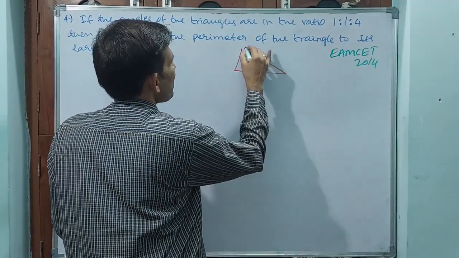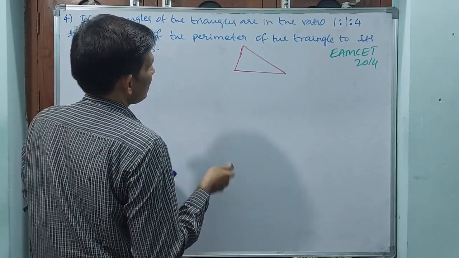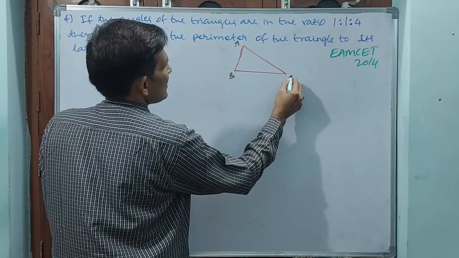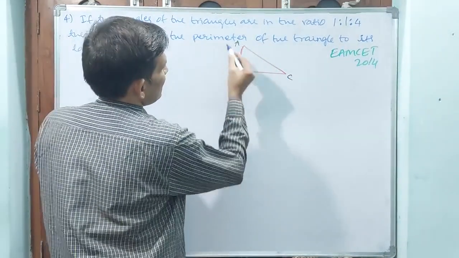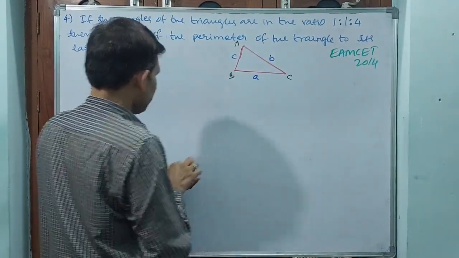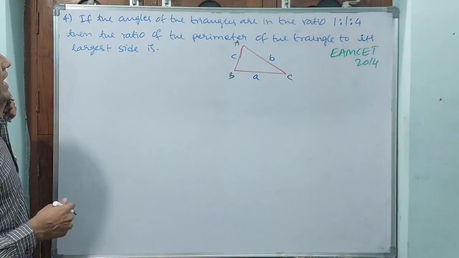See, say this is triangle. Say this is angle A, angle B, angle C. Then automatically small a, small b, small c. They have given angles of the triangle.